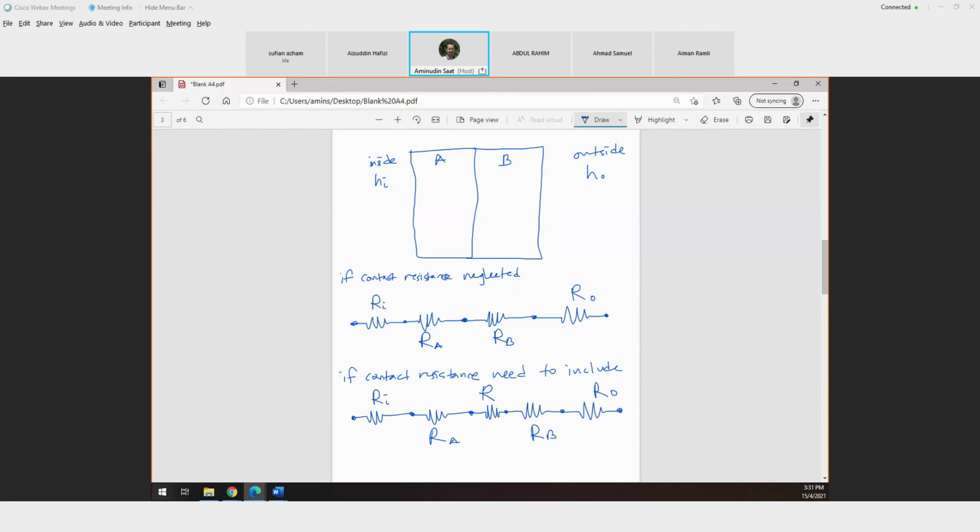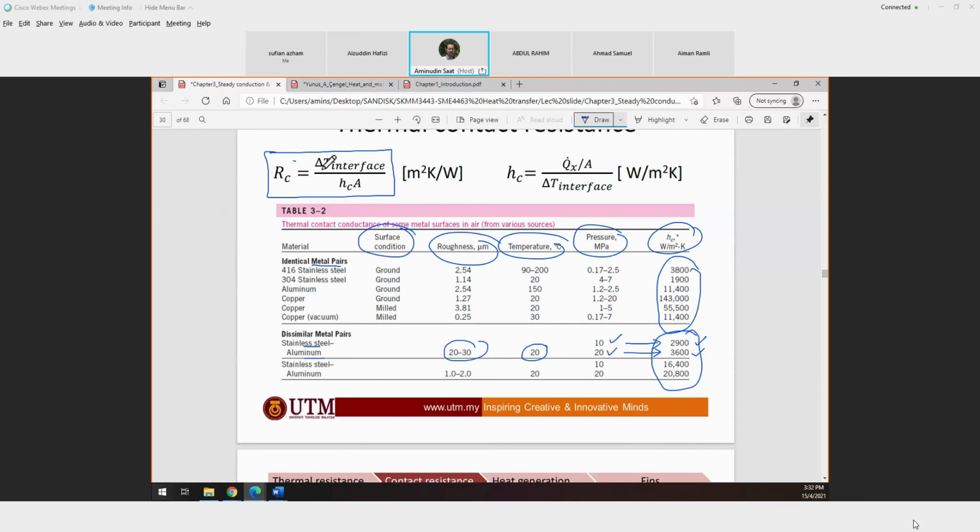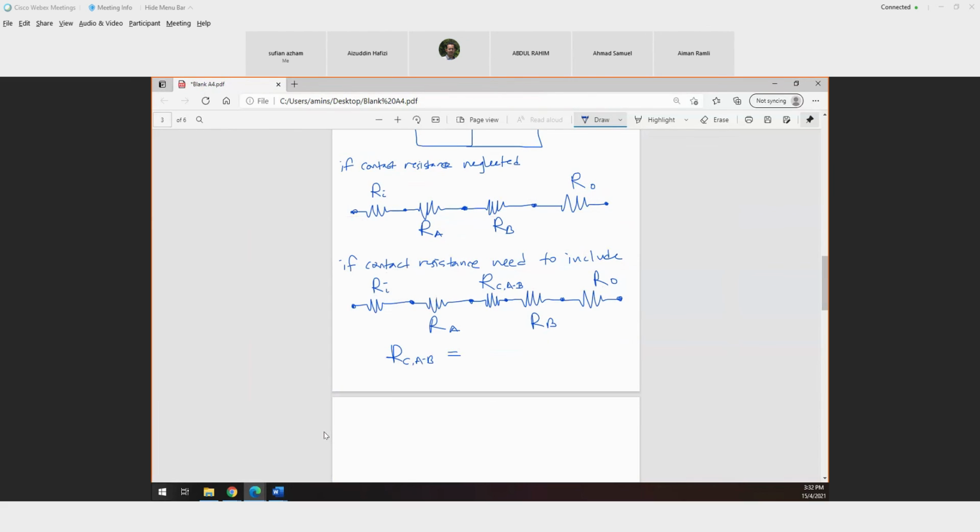So you have here R contact between A and B. Okay, you know how to calculate Ri, Ra, Rb and Ro, but how to calculate R contact A, B is basically using the slide here, delta T interface divided by hc A. So delta T between A and B divided by hc A. So how to find hc?